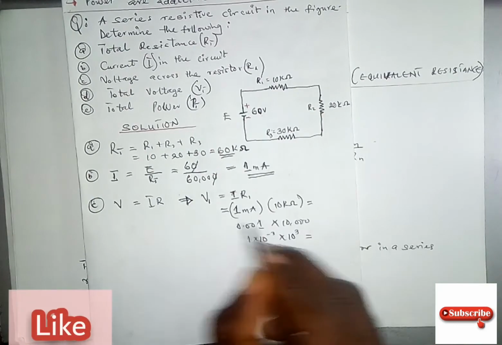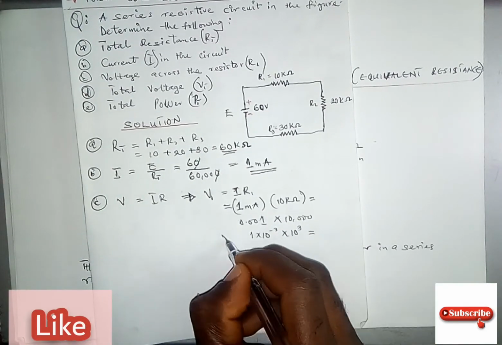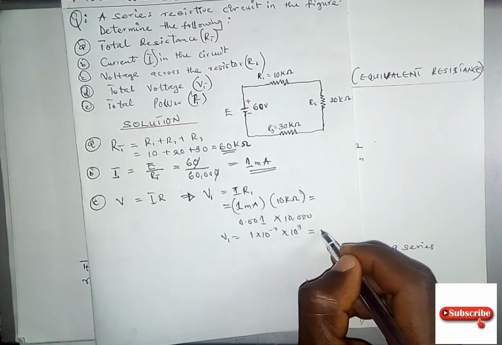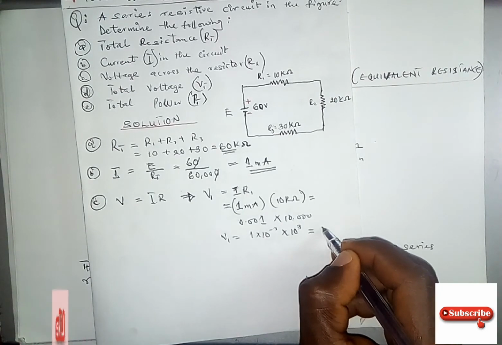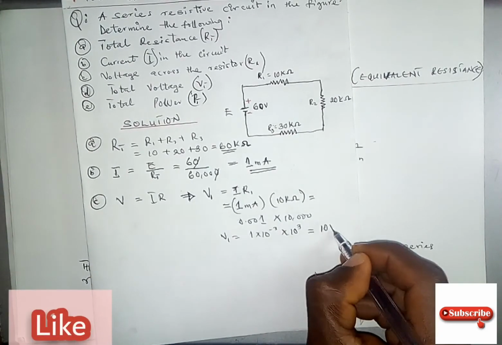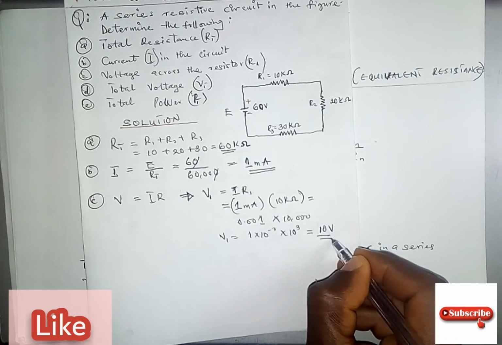At the end of the day, V1 is going to be 10 volts. So that is what we are going to have there.